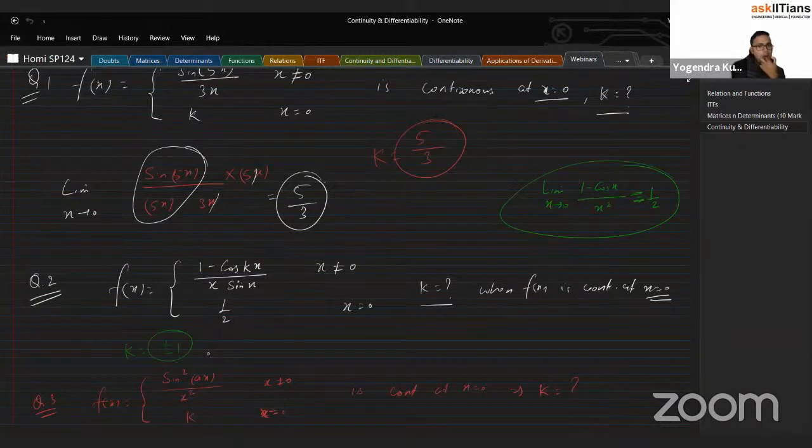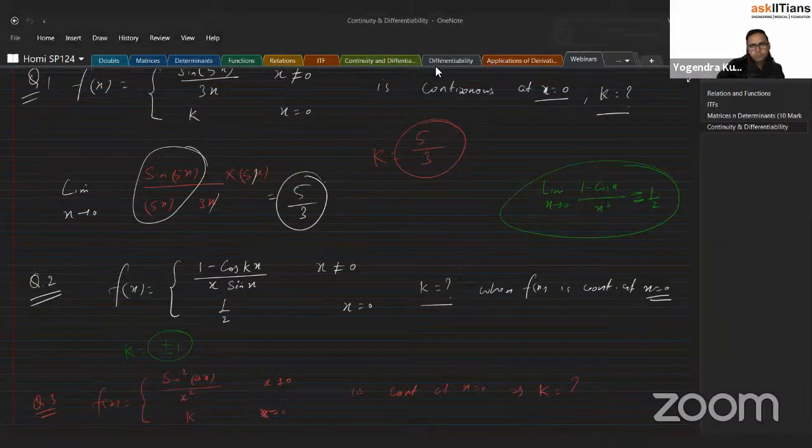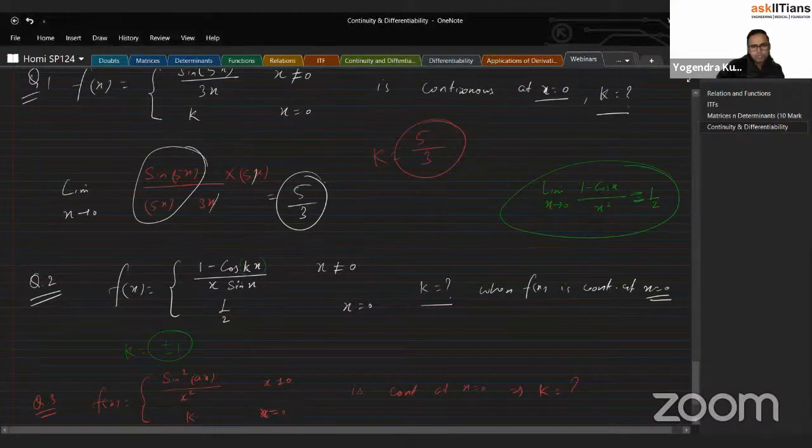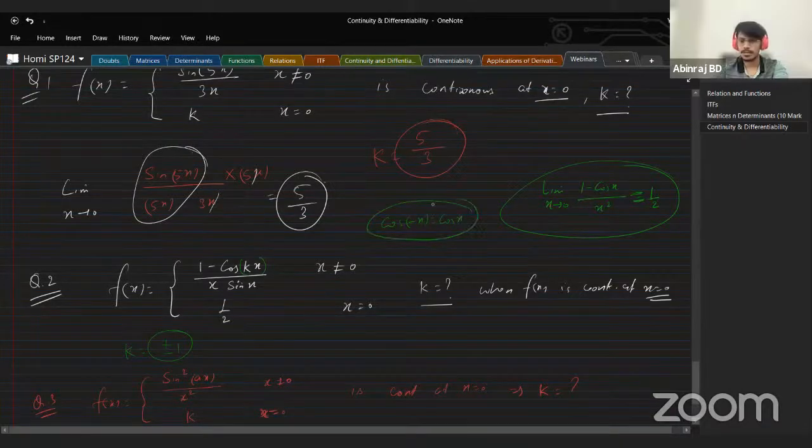Is it done? Minus 1 will make it positive, you are saying, about question number 2. Here the k value is minus 1, so 1 plus cos kx. Cos of minus x is what? Cos x only. Cos is an even function, so there will be no sign change here.